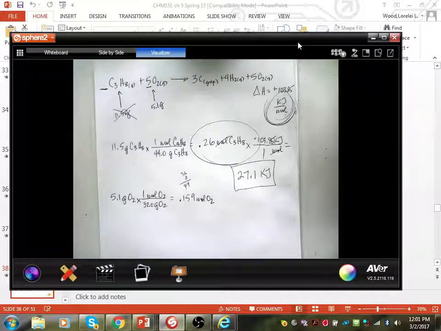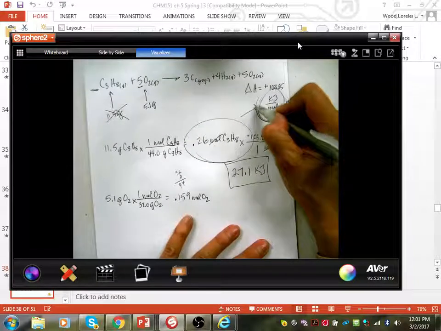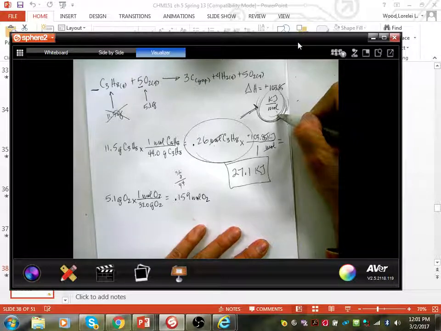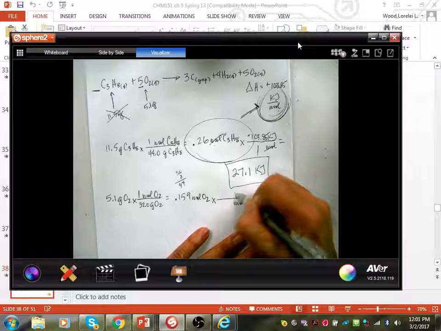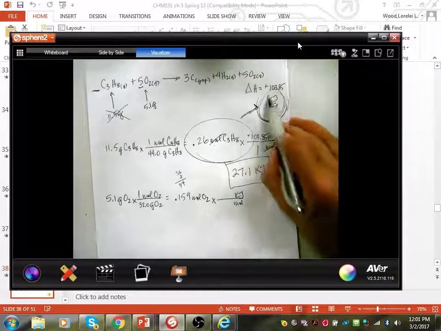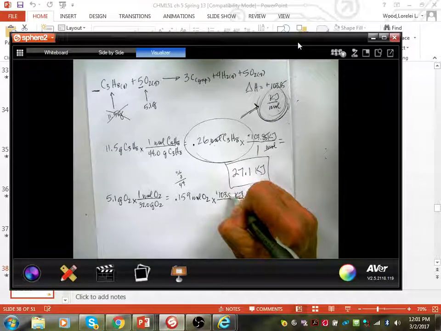Now what am I going to do with that moles of O2? I got to use my energy term, right? My enthalpy tells me the energy to moles connection. So now I'm going to say moles and energy, but now I have to step back and think. That's the correct amount of energy, 103.85.